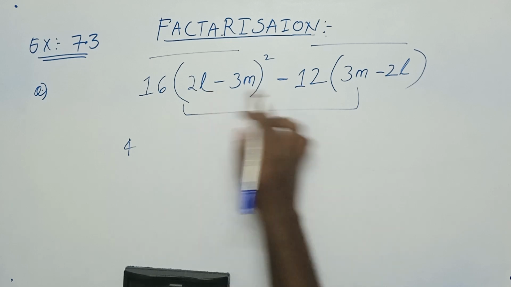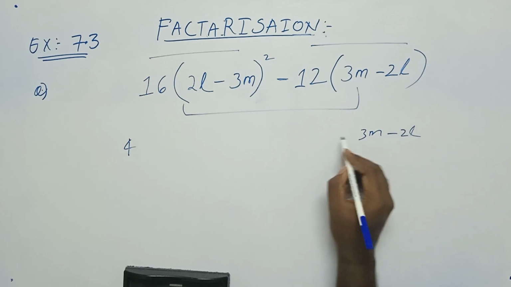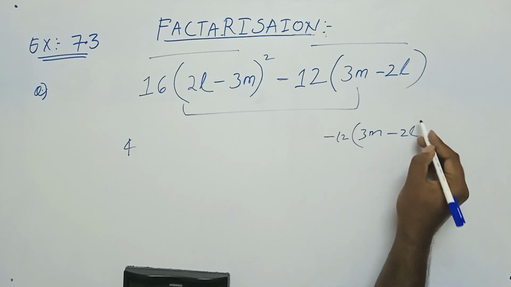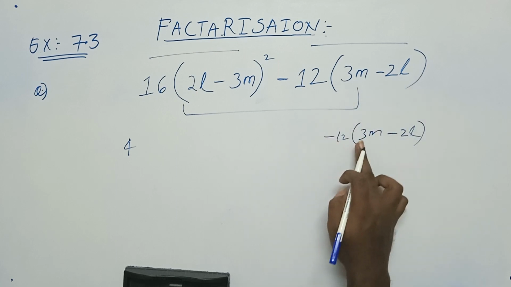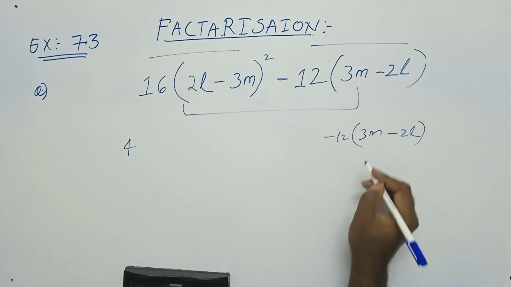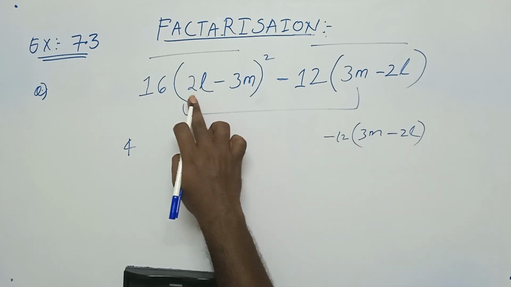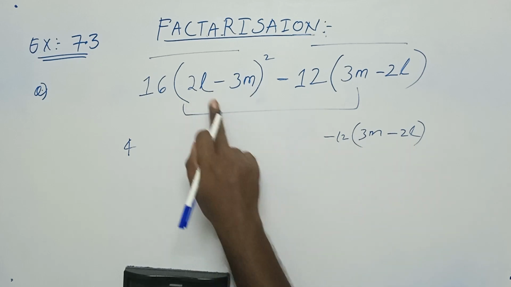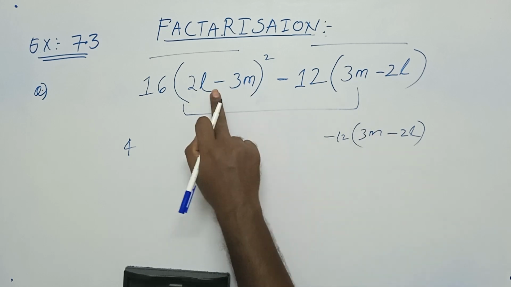That means here we have minus 12 of (3m minus 2l). We are going to change the terms according to 12 minus 3m, that means we will change these terms to 12 minus 3m.